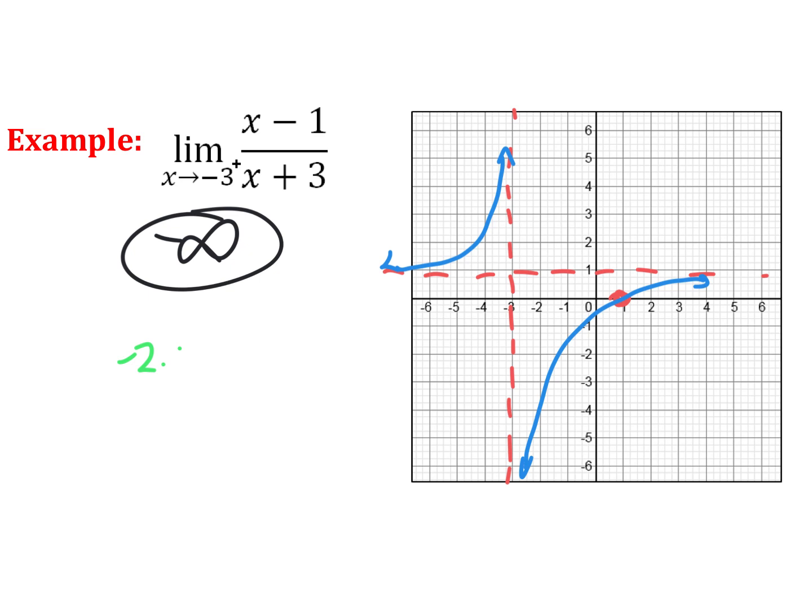Negative 2.9 minus 1 over negative 2.9 plus 3, I'm going to get negative 3.9 over a positive 0.1. Well, I have a negative number divided by a really small number. Something divided by a really small number is a really big result. Negative infinity.